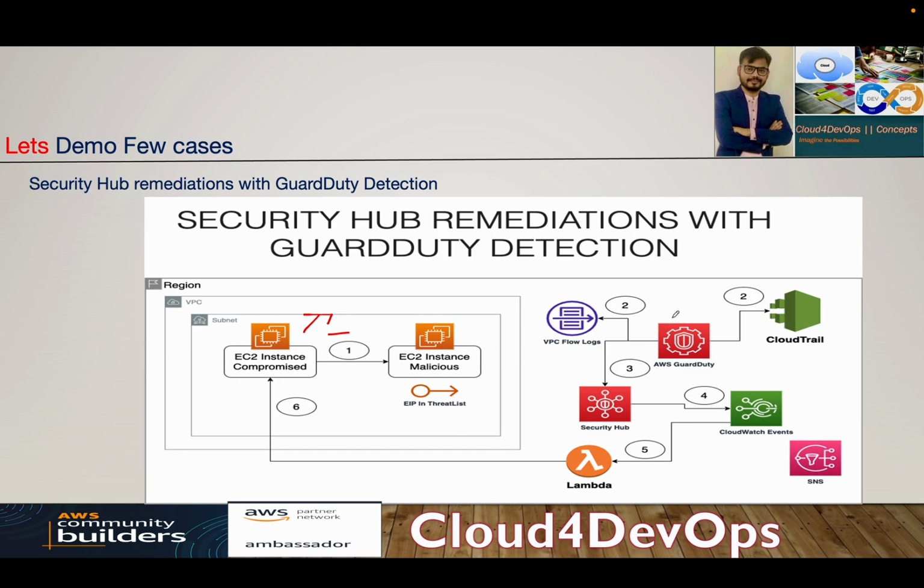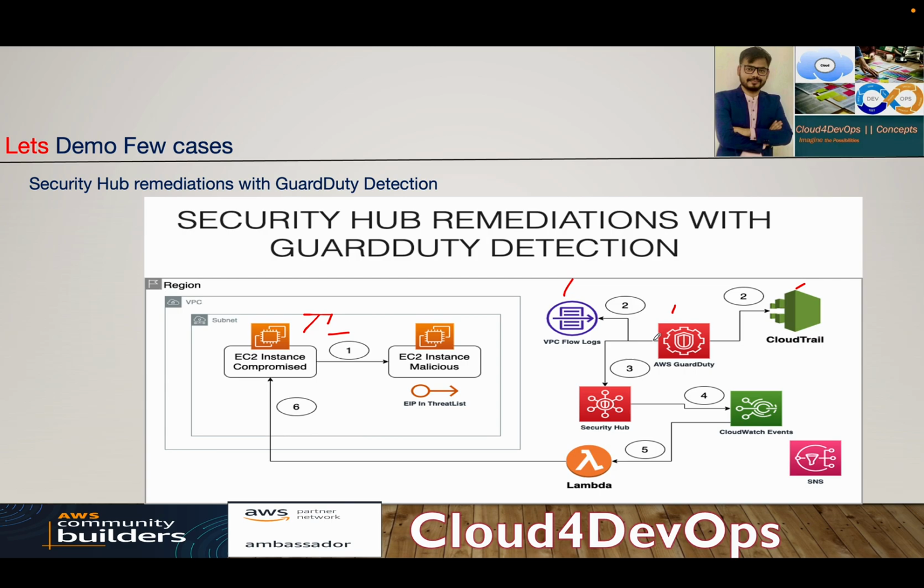Now, if you're aware of the conceptual part, GuardDuty is more of a detection system, and it reads VPC flow logs, CloudTrail for the account, DNS logs if you're using Route 53, and Kubernetes if you're running Kubernetes workloads. It scans all those logs, and based on them it dumps the data into the findings section of GuardDuty.